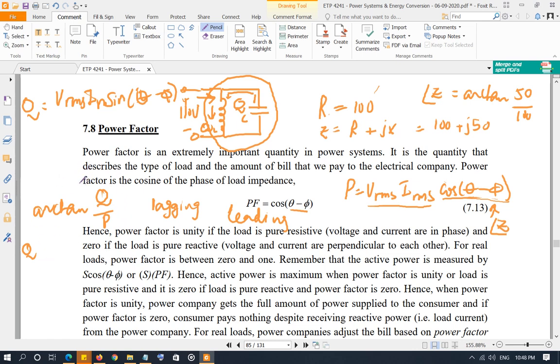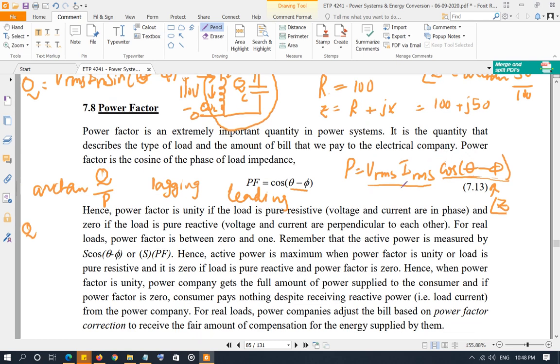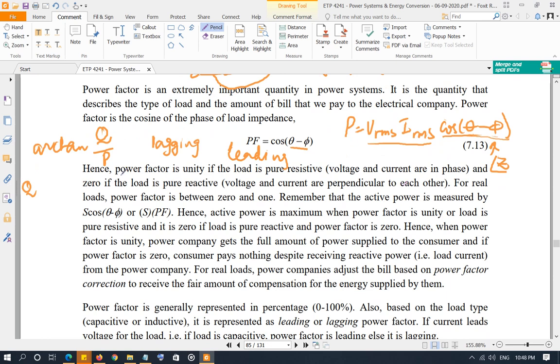So the angle of the power factor, theta minus phi, can also be calculated using arctan Q over P. So either you can do arctan Q over P, you can do arctan X over R, which is the angle of impedance, or you can simply take the difference between the phase of the voltage and phase of the current. This is your active power, apparent power times cosine of theta minus phi, right? This is your apparent power S, and I show the magnitude of complex power as the apparent power. So active power can also be given by apparent power times power factor.